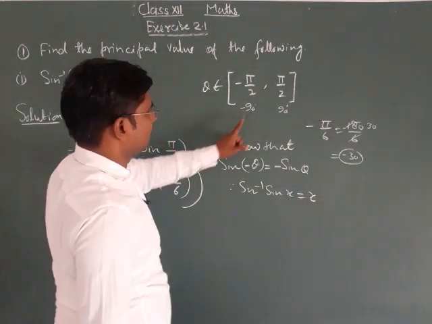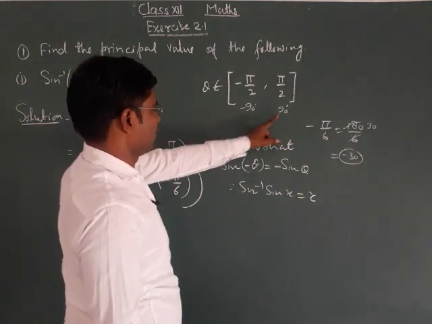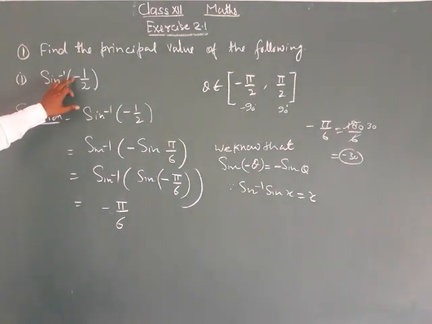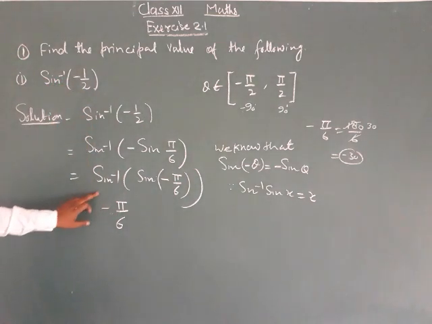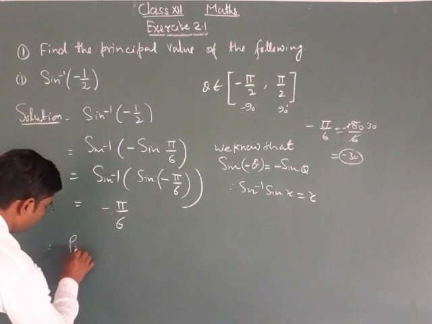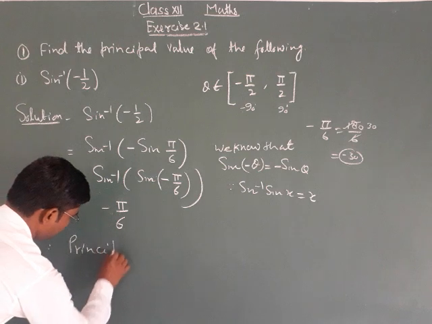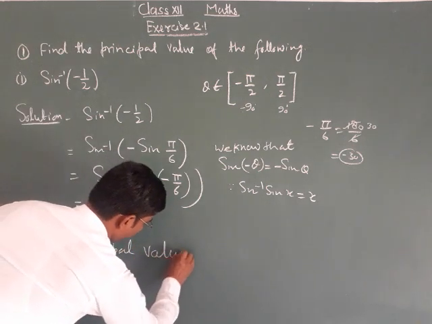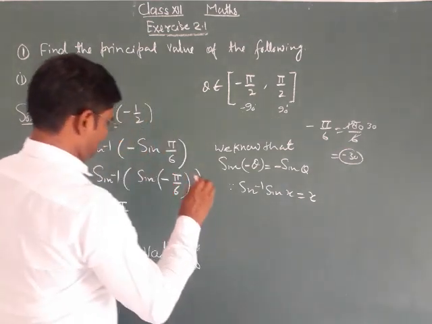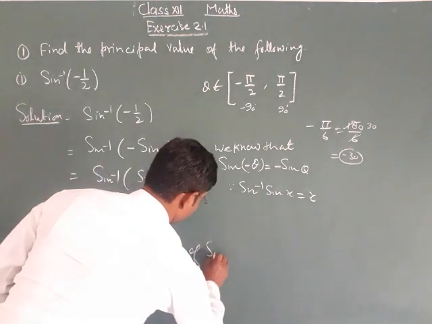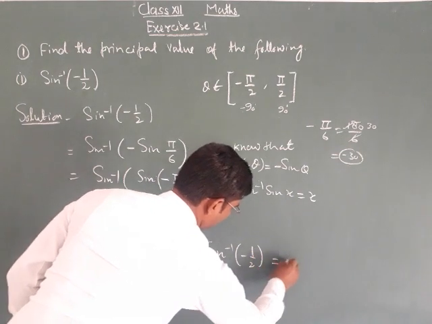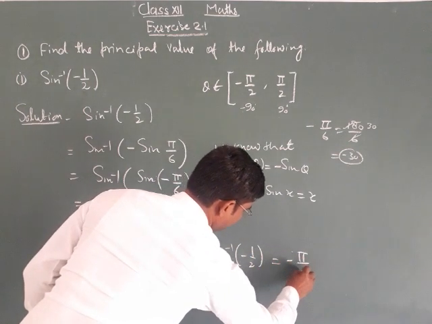Minus 30 lies between these limits, so the principal value of sine inverse minus 1 by 2 is equal to minus pi by 6.